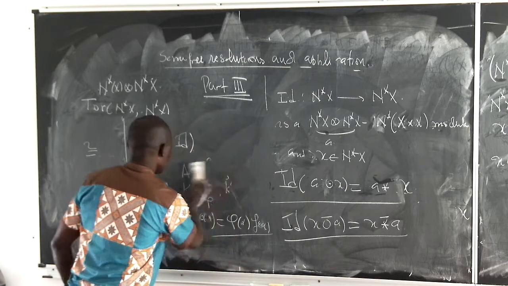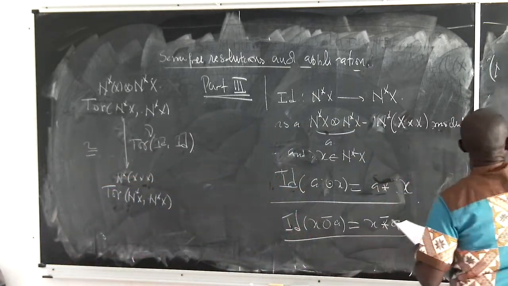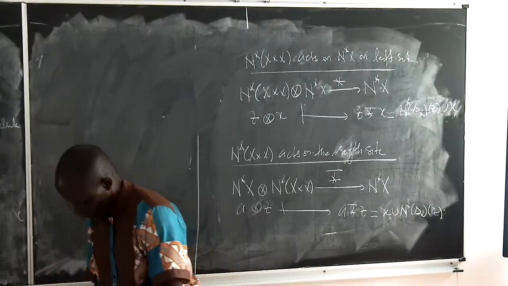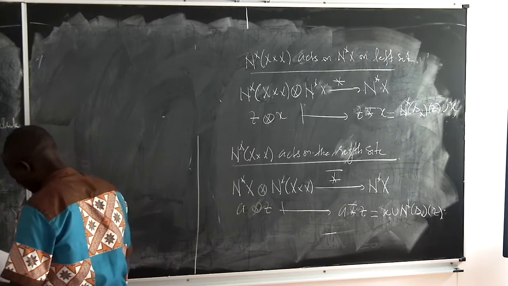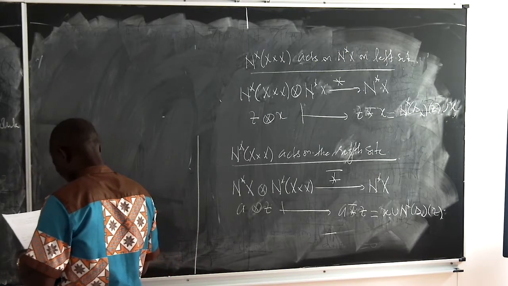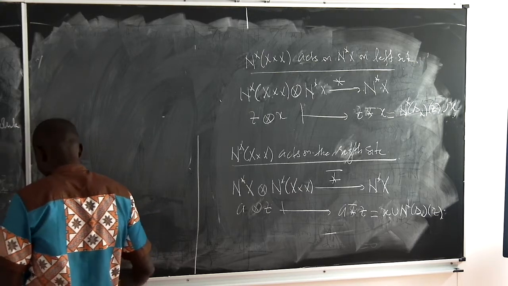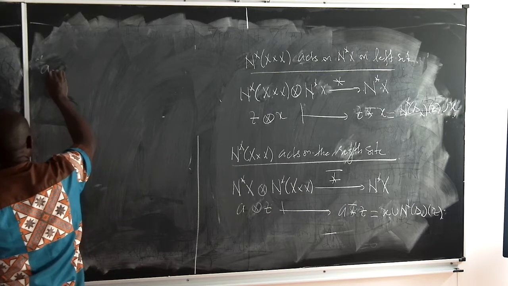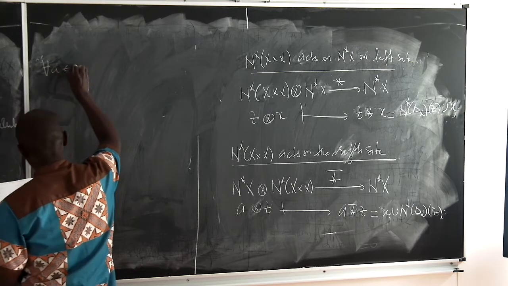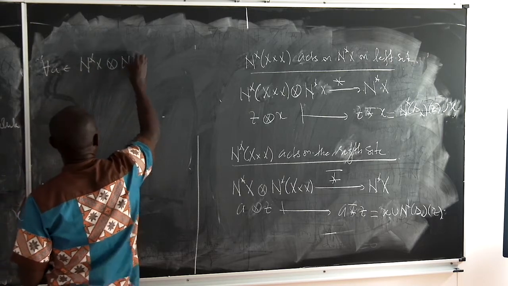Okay, so how can we verify this? We'll verify this by this relation. We have A for all A in N tensor Nx tensor Nx.